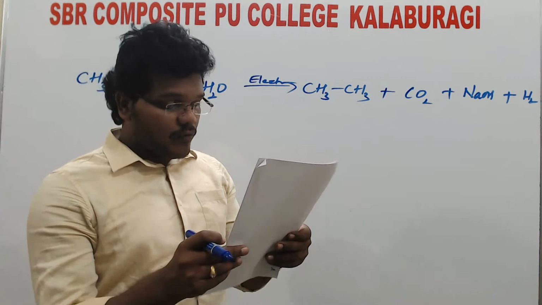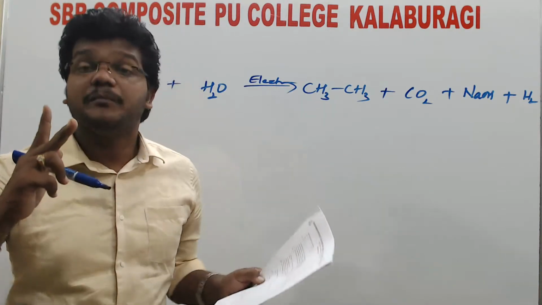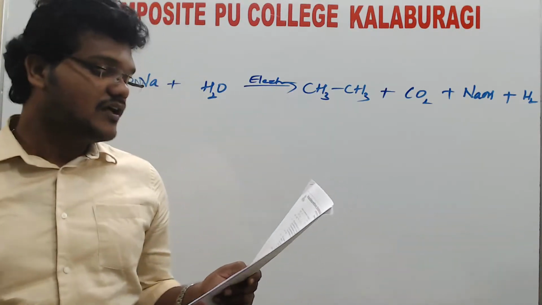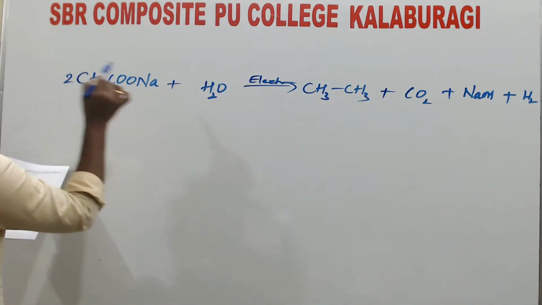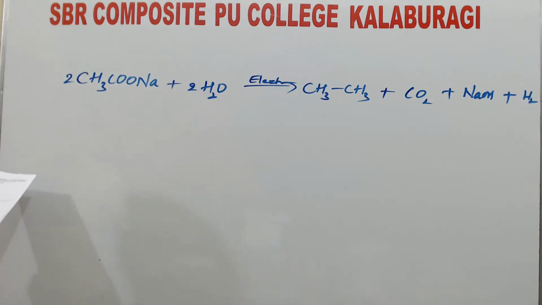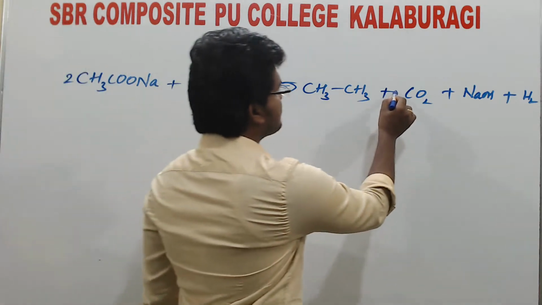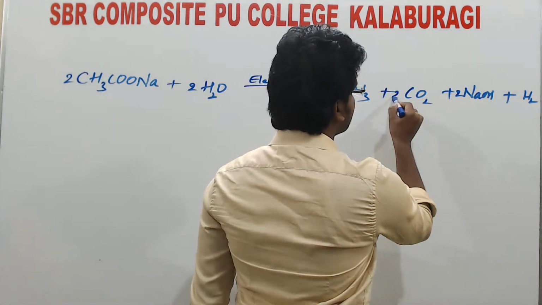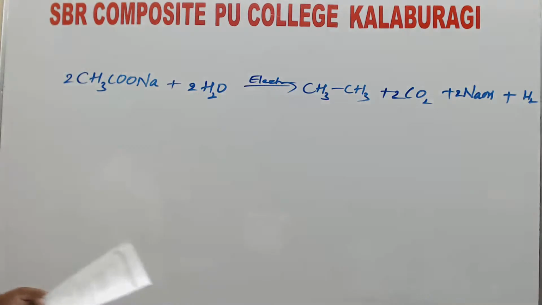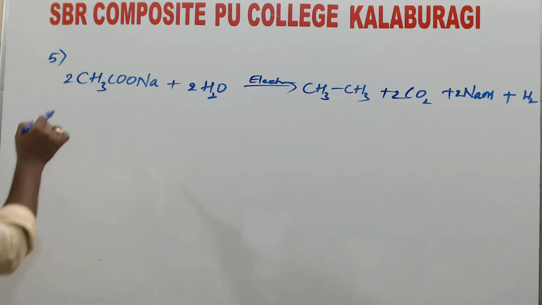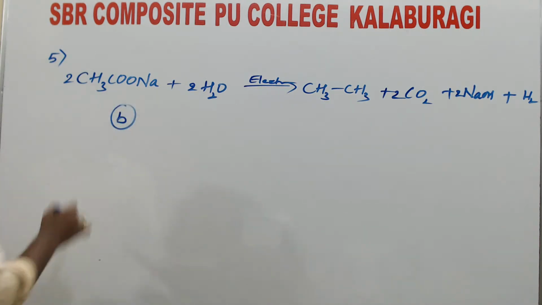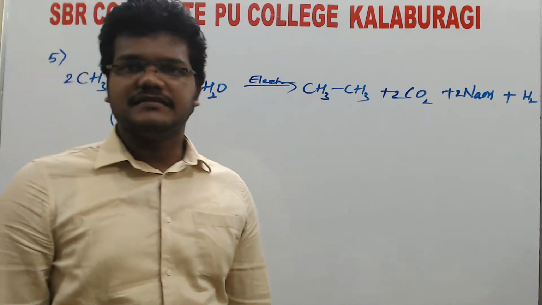That is why option B is the correct answer for the fifth one. On balancing, I need to take 2 moles of sodium acetate reacting with 2 moles of water to give 2 moles of carbon dioxide, 2 moles of sodium hydroxide and 1 mole of hydrogen gas. So for question 5, option B is the correct answer.